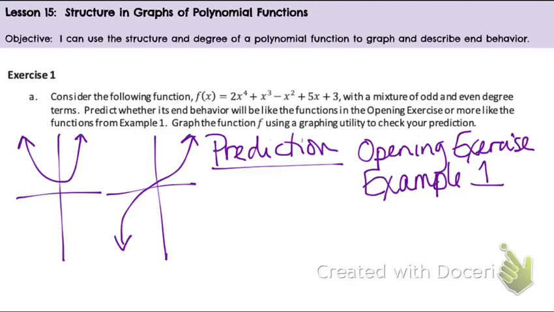Then you're going to go into Desmos and graph that. Sketch the graph onto the sheet and determine if your prediction was correct or not. And it's okay if your prediction was incorrect. We're learning right now. It's just a prediction. It's not a right or wrong answer. So pause the video, make your prediction, then graph it, and then state whether or not your prediction was correct or not.